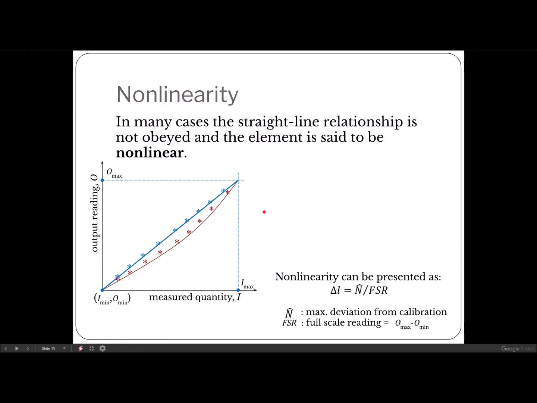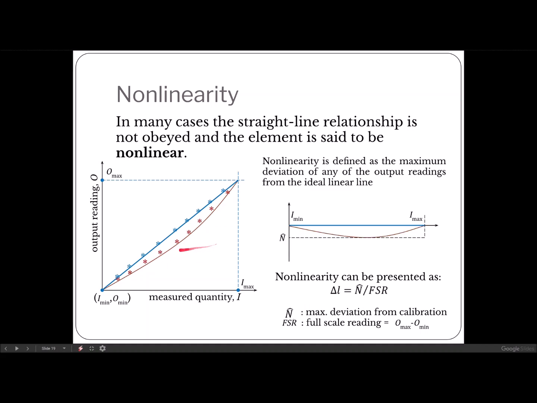How do we know if the nonlinearity is too much or not? We have another measure of nonlinearity. If the blue one is the ideal condition, the red one, let's say, is the real condition with nonlinearity on it.